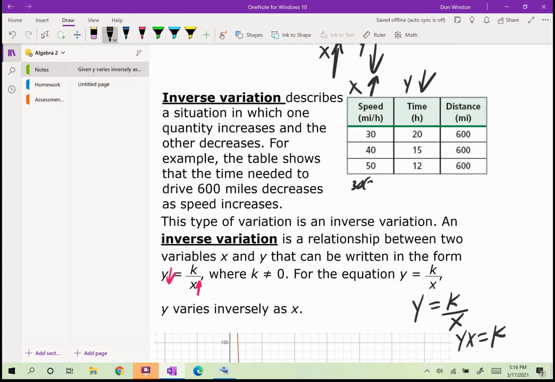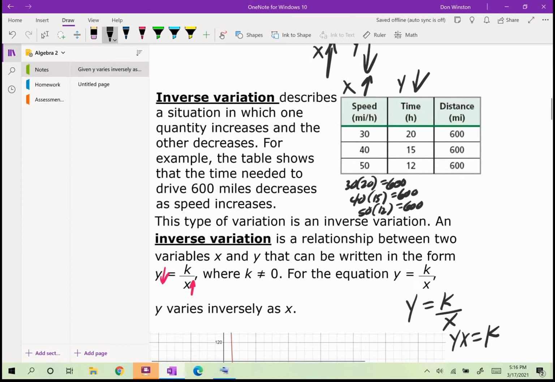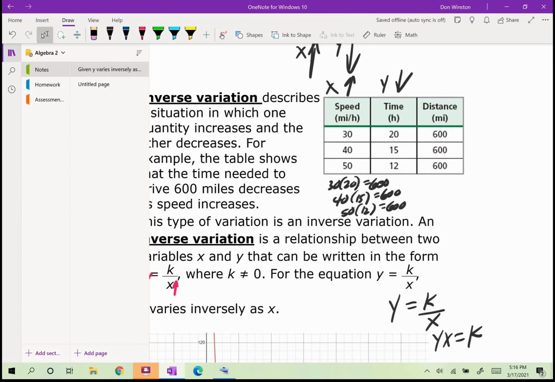So 30 times 20 equals 600. 40 times 15 equals 600. And then 50 times 12 equals 600. So in this problem, my constant is 600. So my equation would be y equals 600 divided by x.